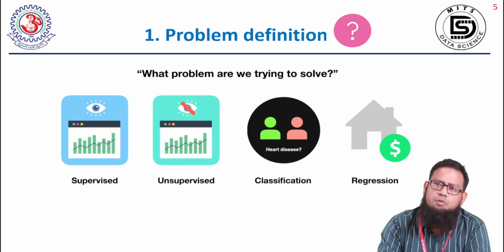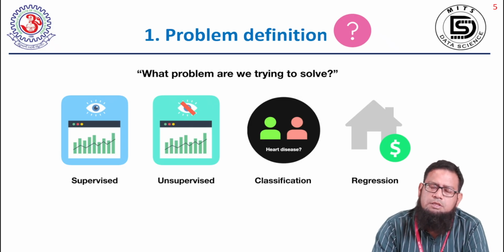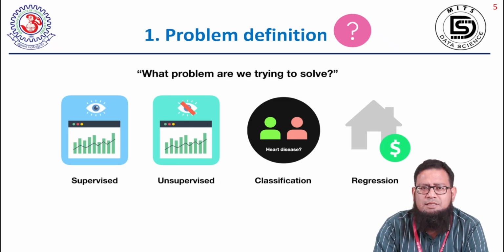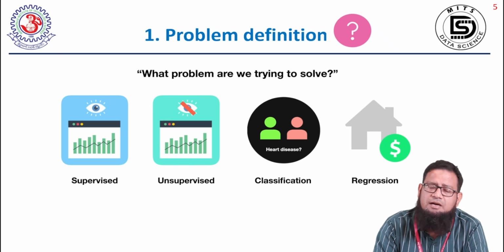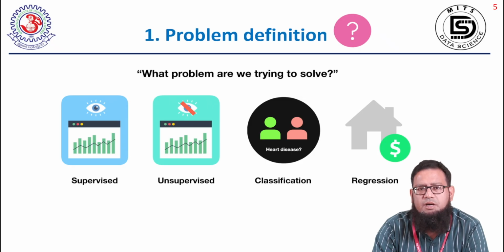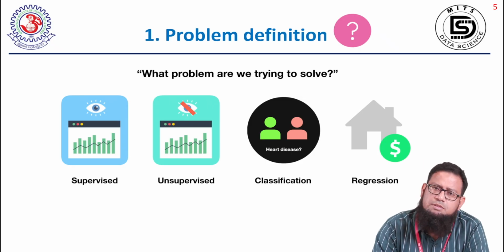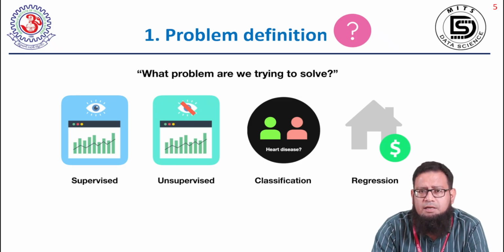So what type of problem is supervised learning? Supervised learning is for data sets or problems which have a target variable or labeled data. For example, if I'm collecting a CSV file to find out whether a person has heart disease or not, the column telling yes or no for heart disease is called label data or the target variable.